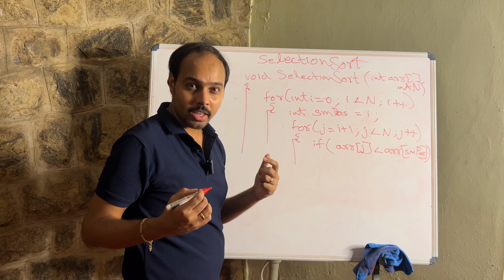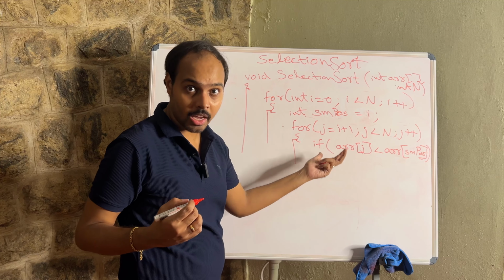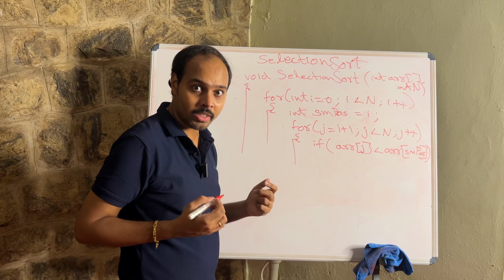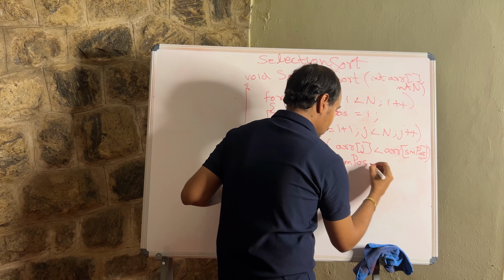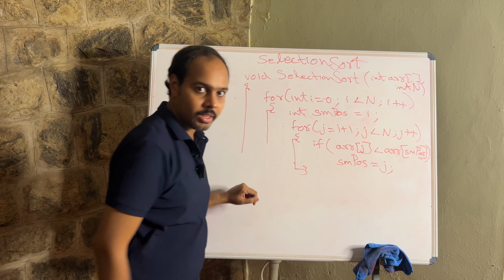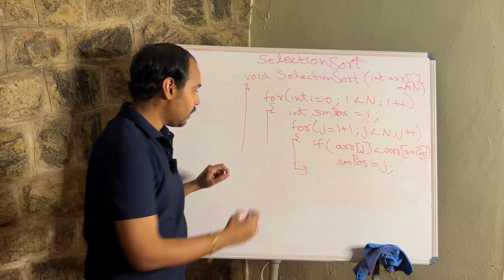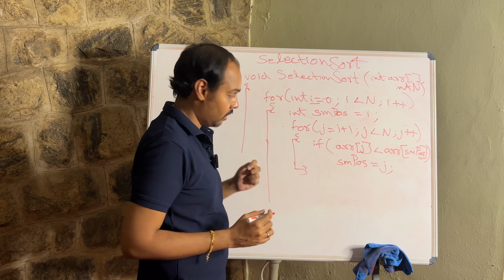If arr of j is less than the smallest element, then arr of j is the new smallest element. So smallest position is j. We do that for all elements in the remaining part of the array, and we swap it with the element there that we have in i.